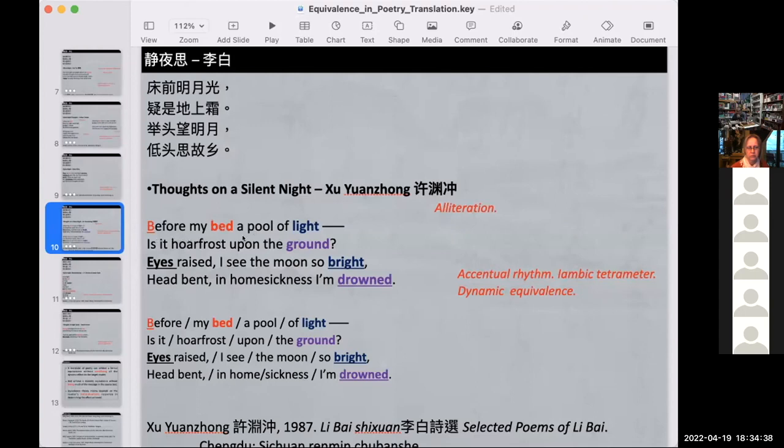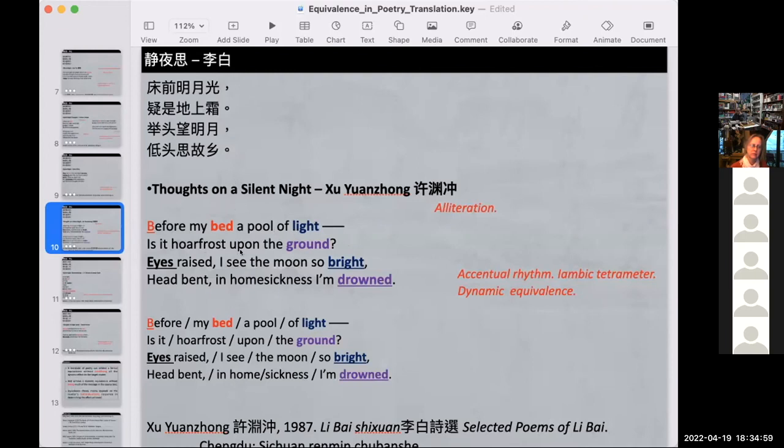So when I analyze his poem and his translation here, I think he did a great job in terms of rhythm. In terms of translation also, he did very well. He did not deviate much from the literal meaning. Chuang qian, before my bed.